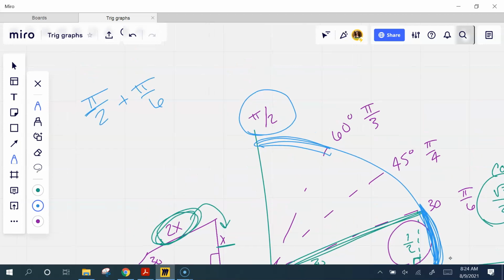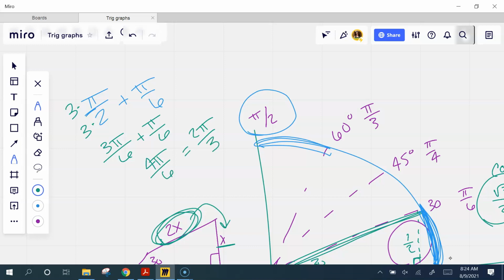So common denominator here would be 6. So this would need a 3 and a 3. So I'd have 3 pi over 6 plus pi over 6, which is pi over 3. Which is my first click there. So you're just adding that whole first part.